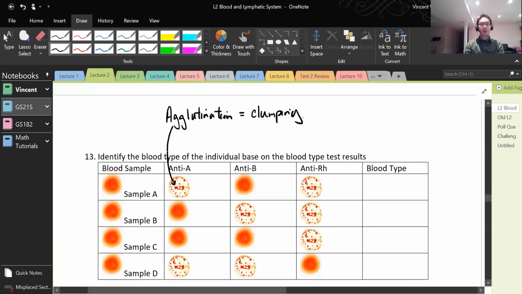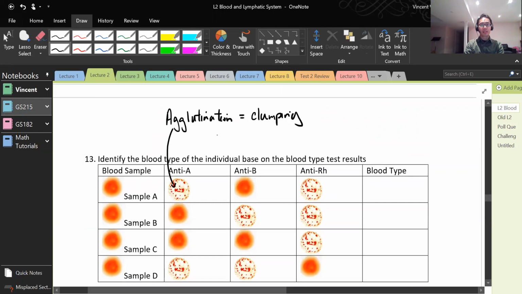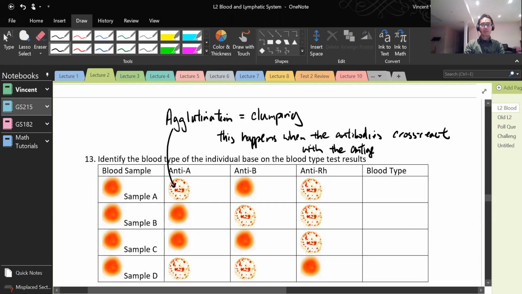Okay, so clumping occurs when the antibodies cross-react with the antigens, and it will result in hemolysis, the breaking of red cells.